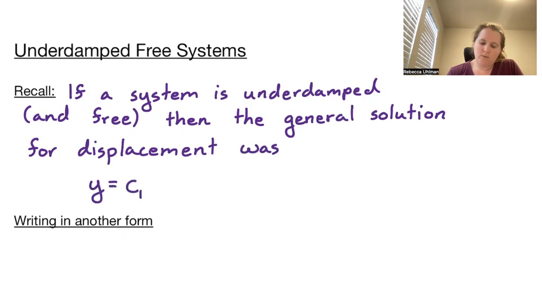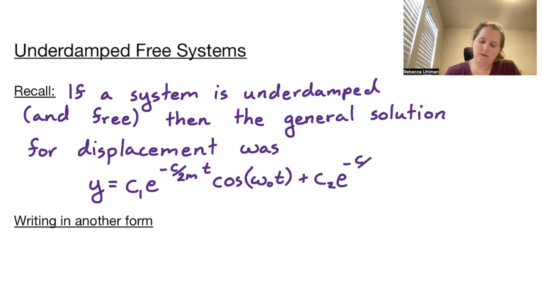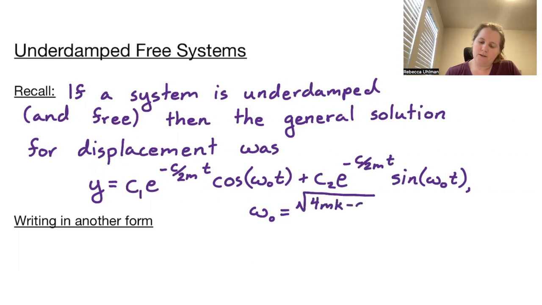y is equal to C1 e to the negative c over 2m times t cosine of omega naught t plus C2 e to the negative c over 2m t sine of omega naught t, where here omega naught is the square root of 4mk minus c squared all over 2m.